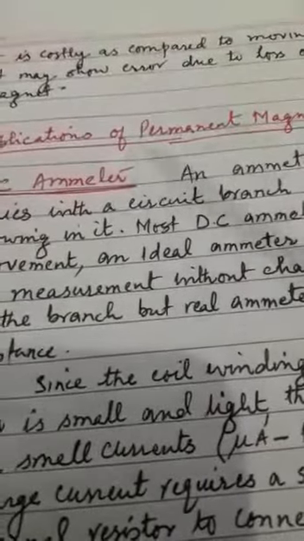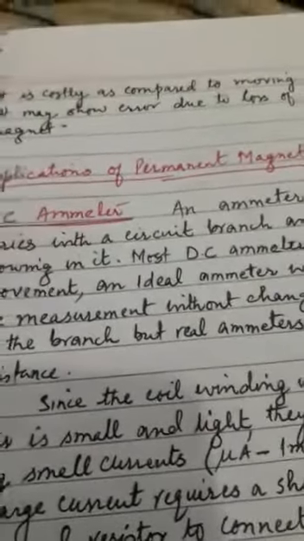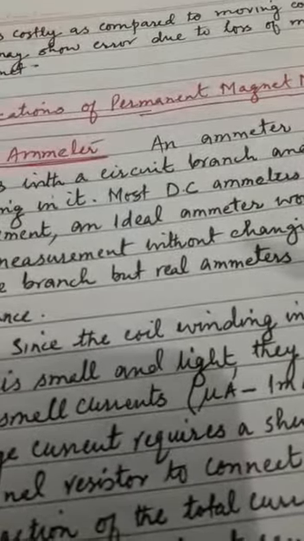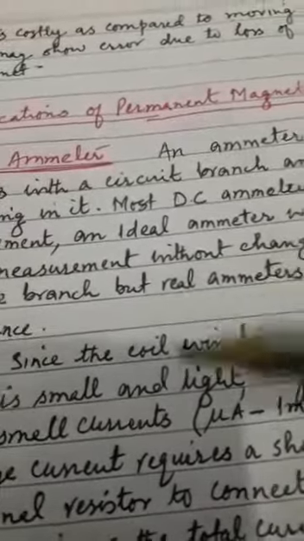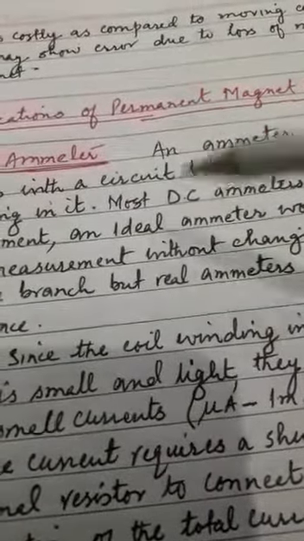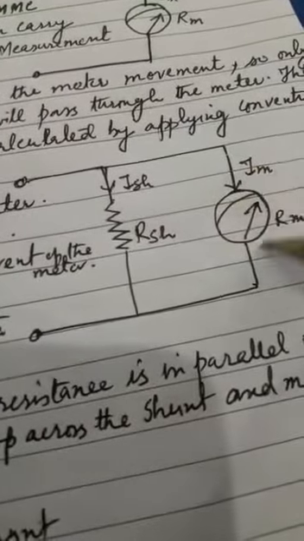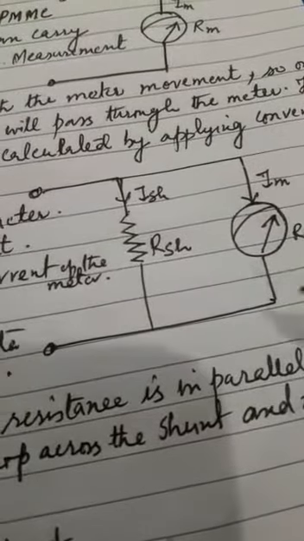So when required, we keep a shunt resistor in parallel with the meter.